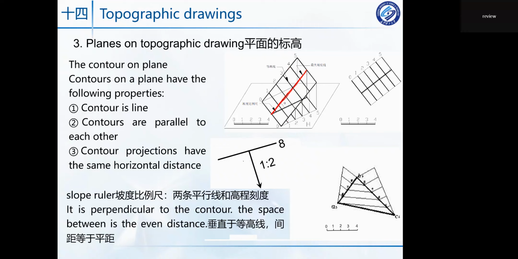So you can see we can represent a plane in 3D space using a contour line and a slope line that is perpendicular to the given contour lines. So that is a way to represent a plane.